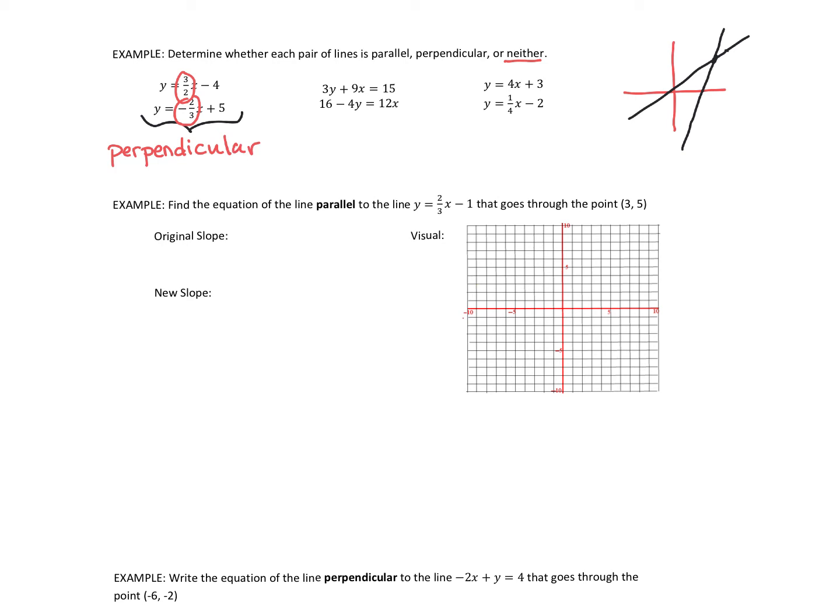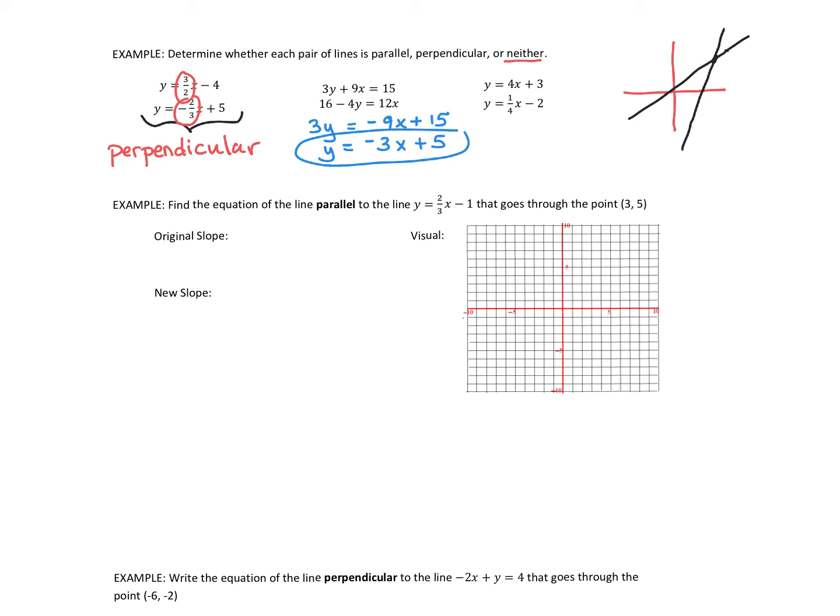For this next one, we can't look at this and decide what the slope is, so we should put it in slope-intercept form. So for this first one, I'm going to solve 3y equals minus 9x plus 15. And I'm going to get y equals negative 3x plus 5. That's going to be that first line.